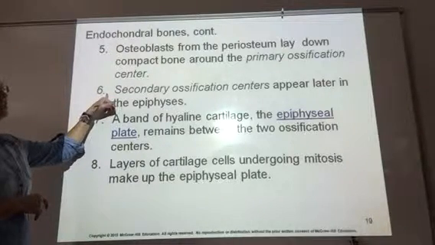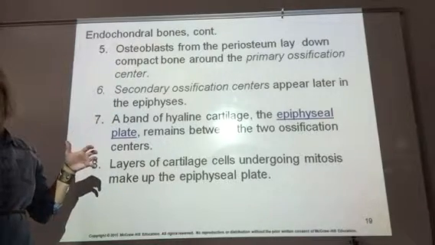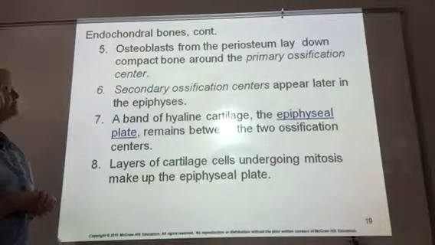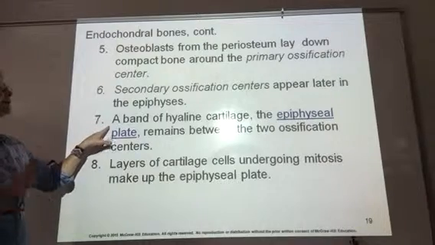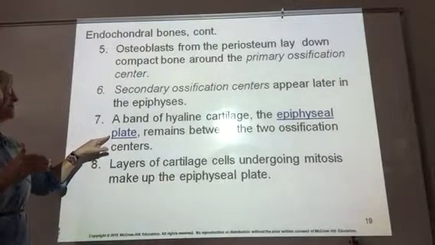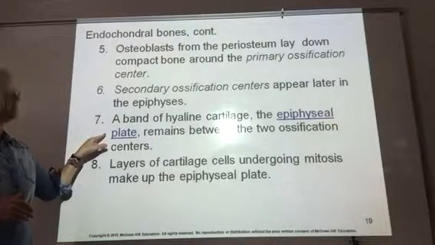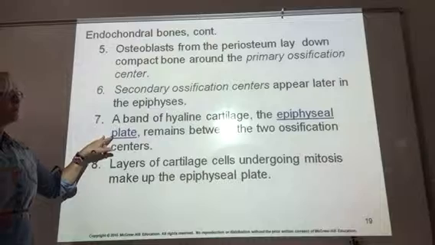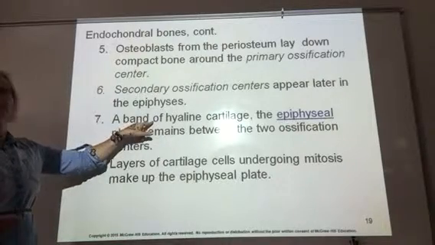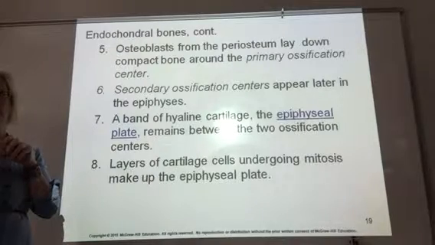Secondary ossification occurs later at the ends of your bone, so at the epiphyses. And then a band of cartilage is still present, and that is the epiphyseal plate, which is your growth plate. So this growth plate of cartilage remains present between these ossification centers.